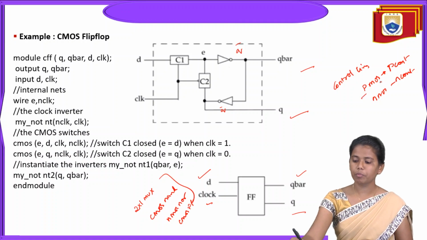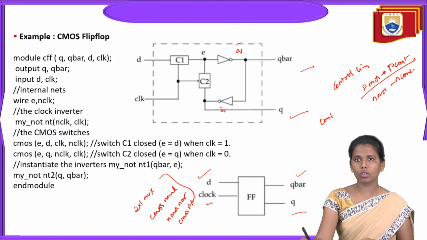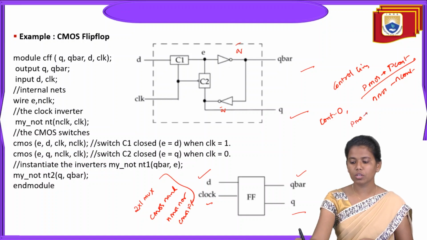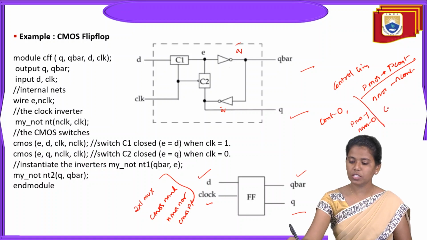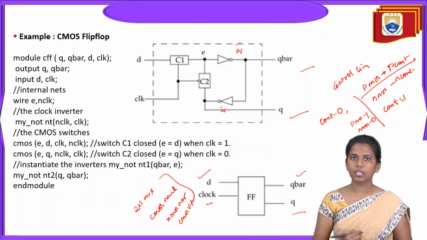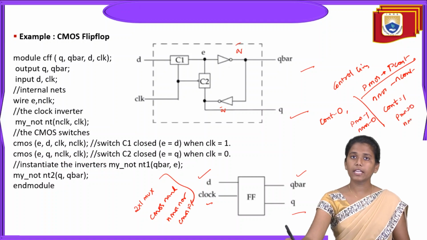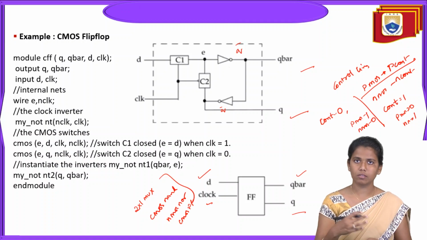That means, in the PMOS transistor, when the control line is 0, the PMOS switch goes on. Okay, when the PMOS is on, NMOS will be in off state. And when the control signal is 1, PMOS is off and the N switch becomes on. So this is the mechanism we observe when it comes to the CMOS switches.